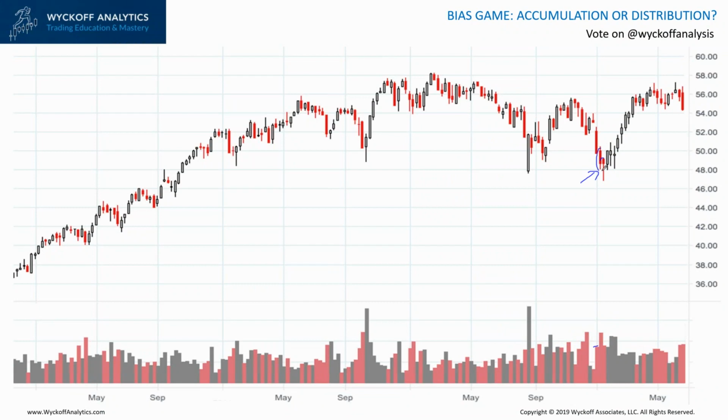this bar right here has some kind of demand behind it because we had so much progress to the downside, and then we have a diminishing spread on increased effort. So effort is increasing, and yet result to the downside is decreasing. That's bullish. That suggests demand presence.